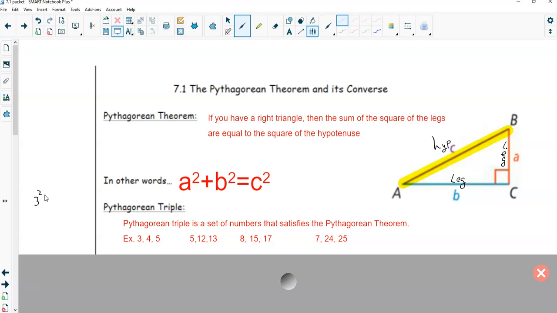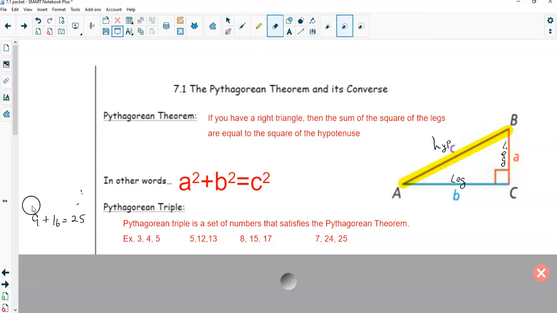So 3 squared plus 4 squared is equal to 5 squared. Notice that's 9 plus 16 equals 25, and that is true. You see how this satisfies the Pythagorean theorem?